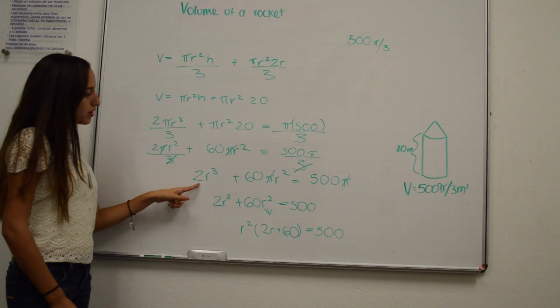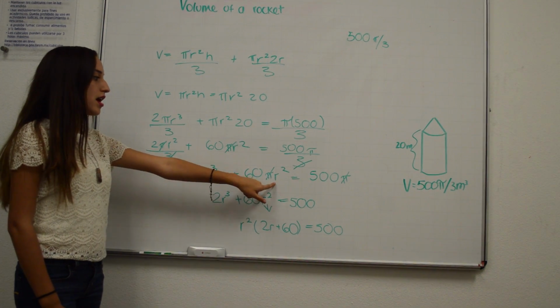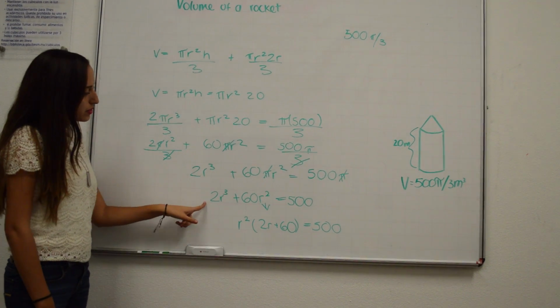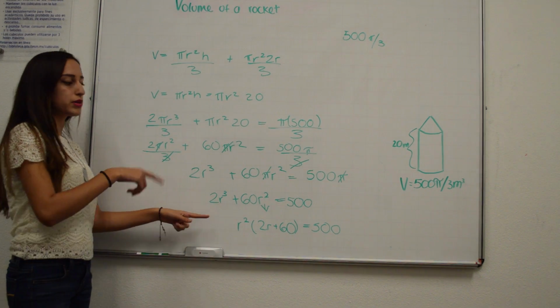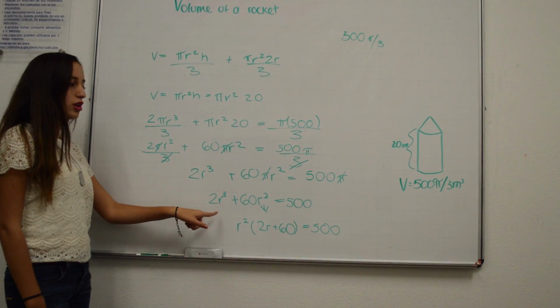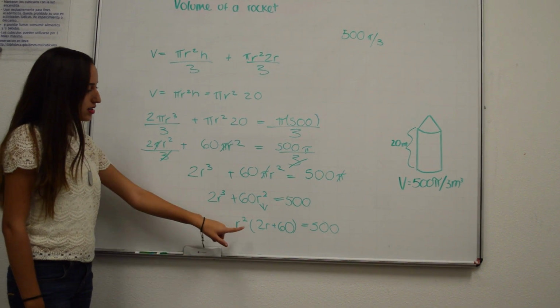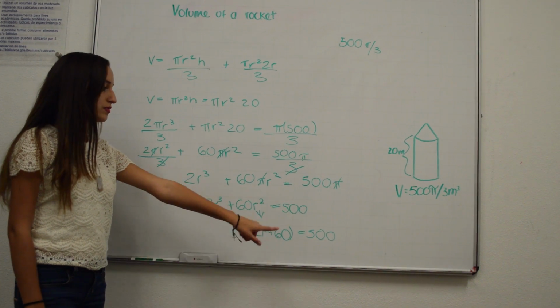And we're going to have 2r cubed plus 60r squared equals 500. Then we look for the common factor, that is radius squared. So radius squared times 2r plus 60 equals 500.